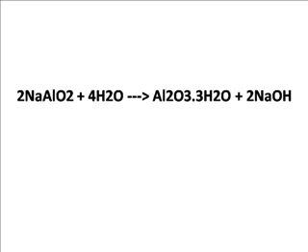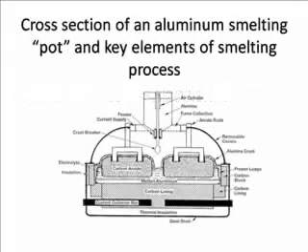Some of these conditions include precipitation temperature and cooling rate. The alumina trihydrate crystals are then classified into size fractions and fed into a rotary kiln to be heated and prepare the alumina for the aluminum smelting process.